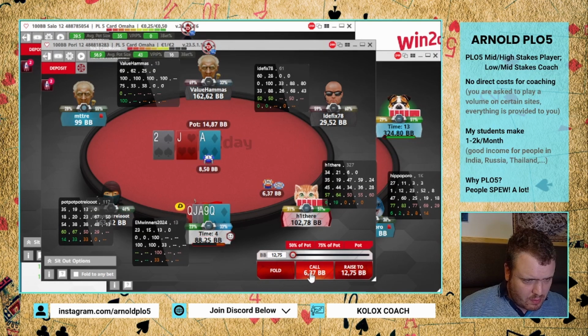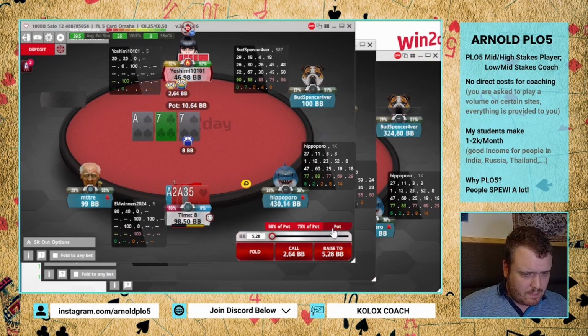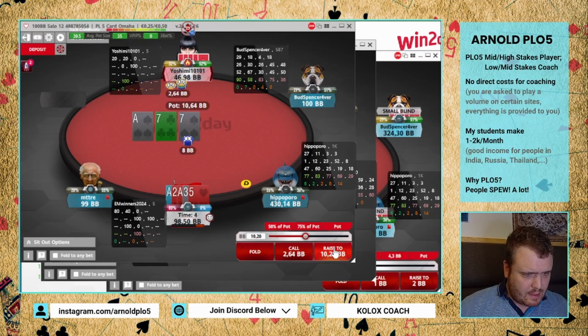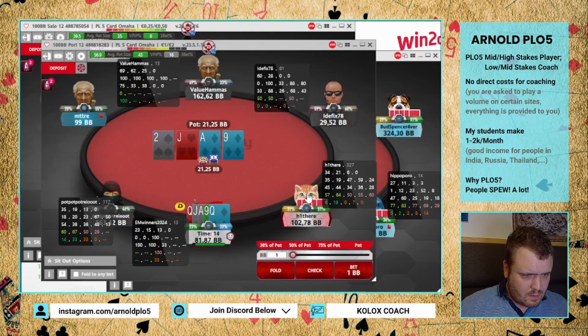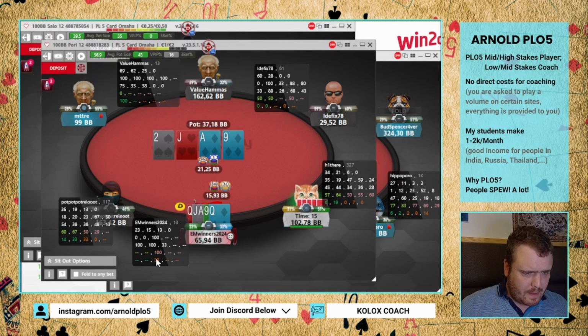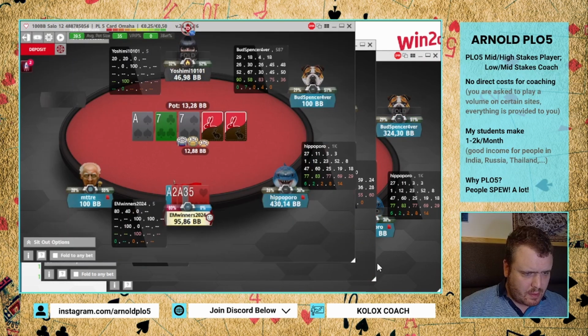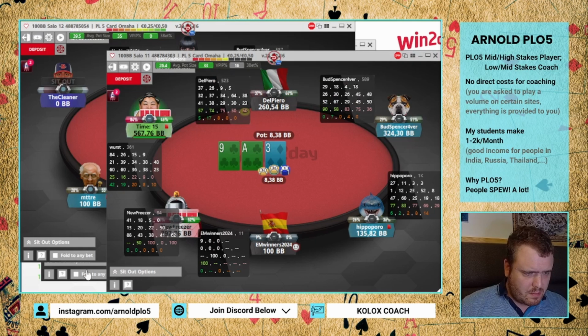Let's just call. Probably has something. Ace jack 9. Yeah, we have ace jack 9, so we can go for 3/4 pot. I think that's fine. If he goes over the top, I probably fold because I do not have any additional equity.